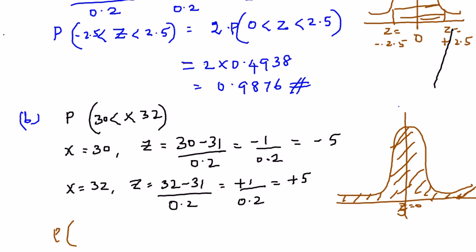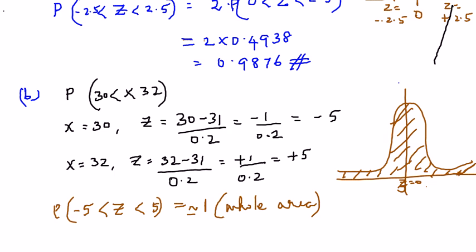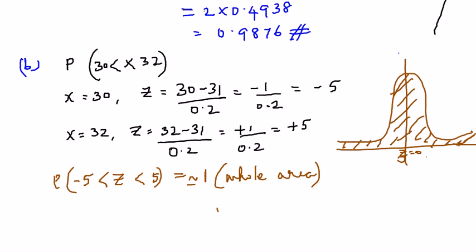Therefore, the probability that your x is lying between 30 and 32 can also be written as the probability that z lies between minus 5 and plus 5, which is approximately equal to 1, because it is the whole area under the curve. So basically you know that the total area under the normal curve is 1. So this is what you will get. Now let's look at the second part.